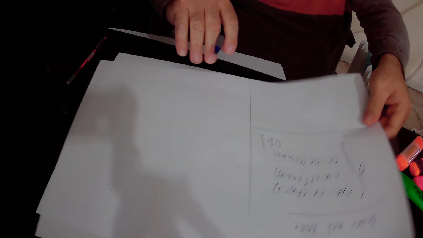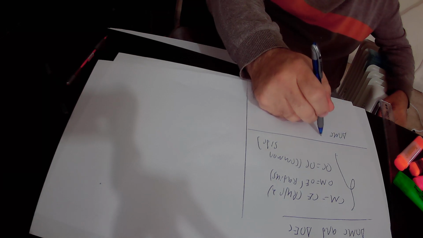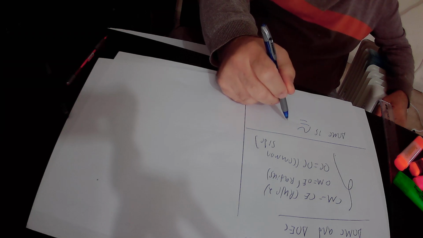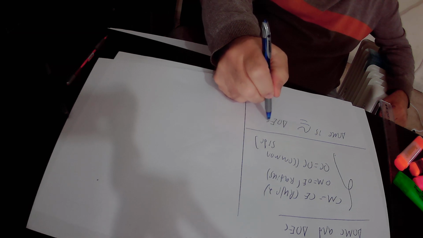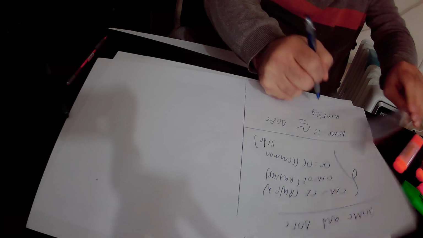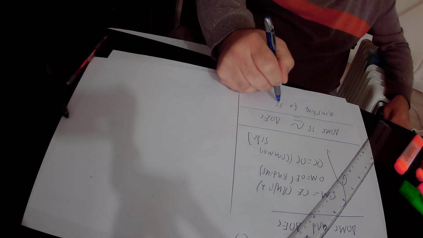So the orange triangle OMC is congruent to the pink triangle, triangle OEC, according to the side rule.